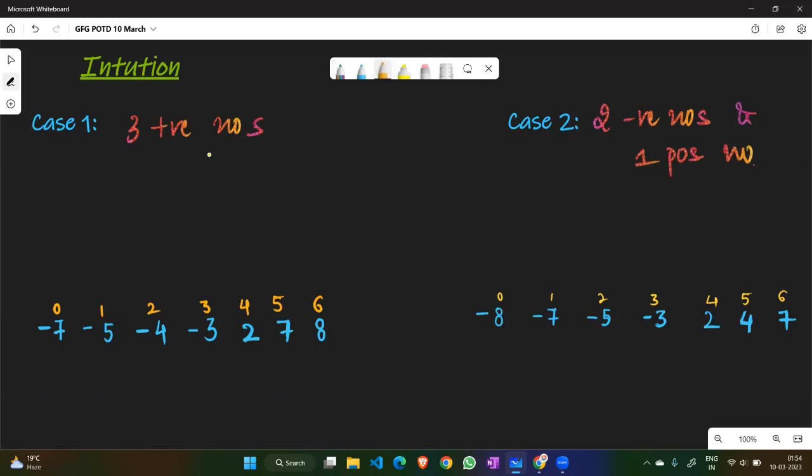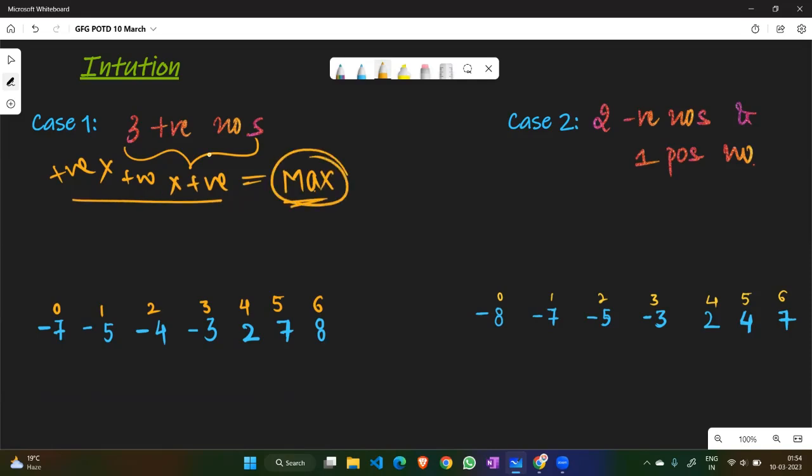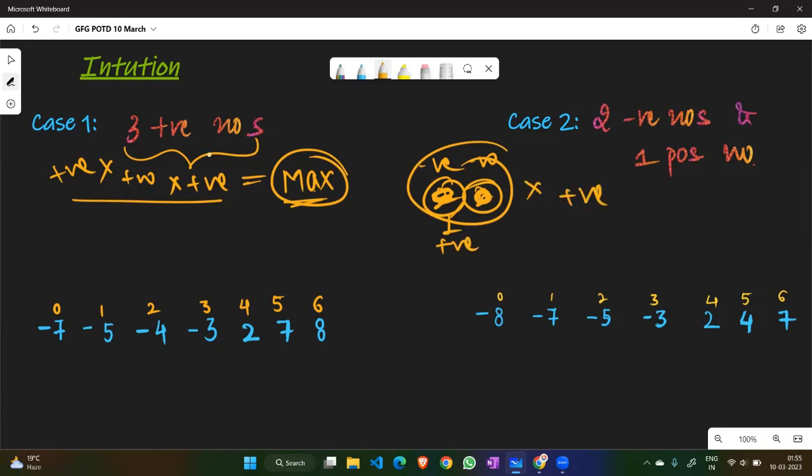The maximum number can be generated whenever the maximum positive numbers are multiplied. The other case is when two negative numbers are multiplied, like this negative and this negative. This will generate a positive number, and if I multiply it by a positive number, it can also generate the maximum number.